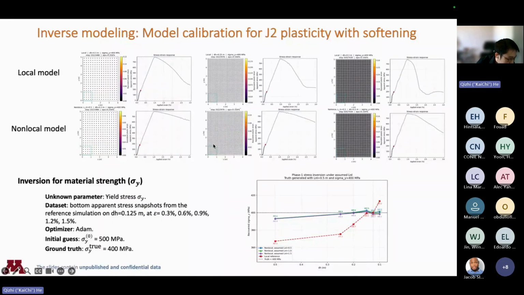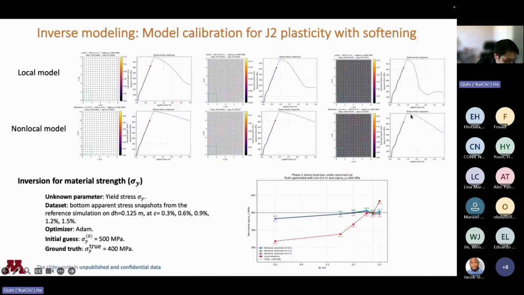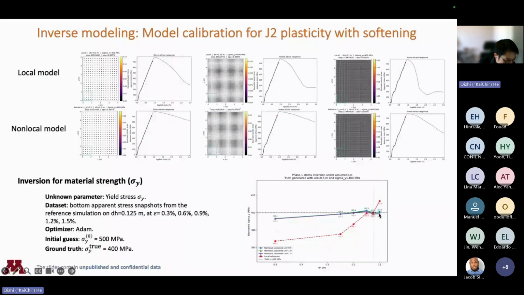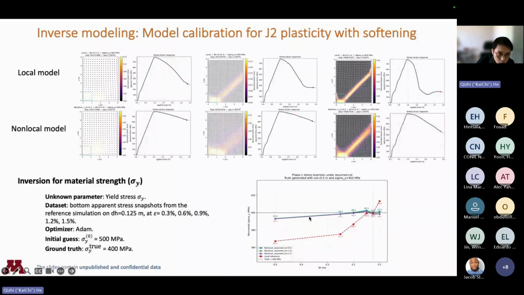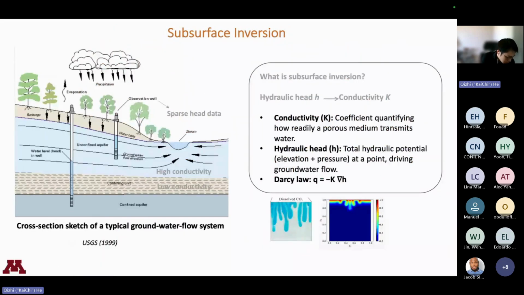But here we want to highlight the non-local model. We have captured this shear band very well, and we are able to capture the inversion for the material strength. As you can see, our non-local model is hitting the exact solution quite well with this learning-based simulator.